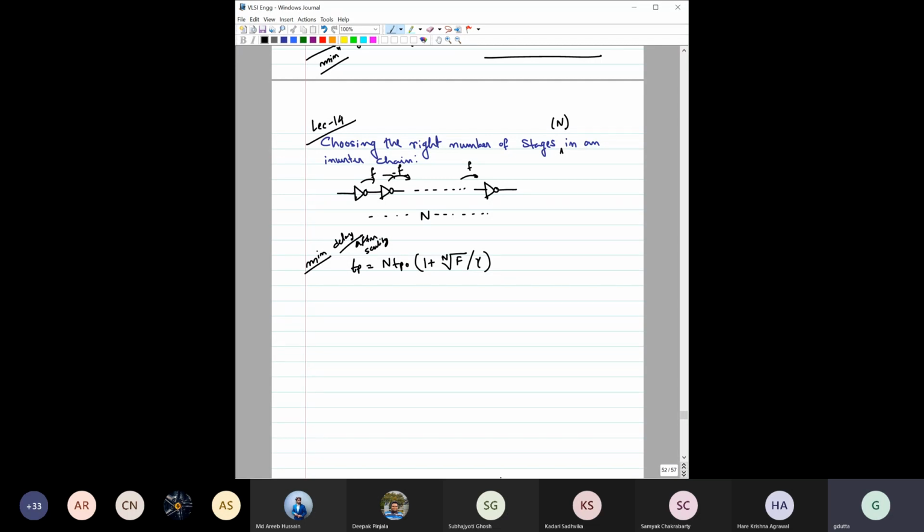For that, you have to take another derivative with respect to this n. So you can do this. This is not that difficult. The only thing is that here we have to know what should be the derivative of this. Anyone? What should be the derivative d/dx of a to the power 1 by x?